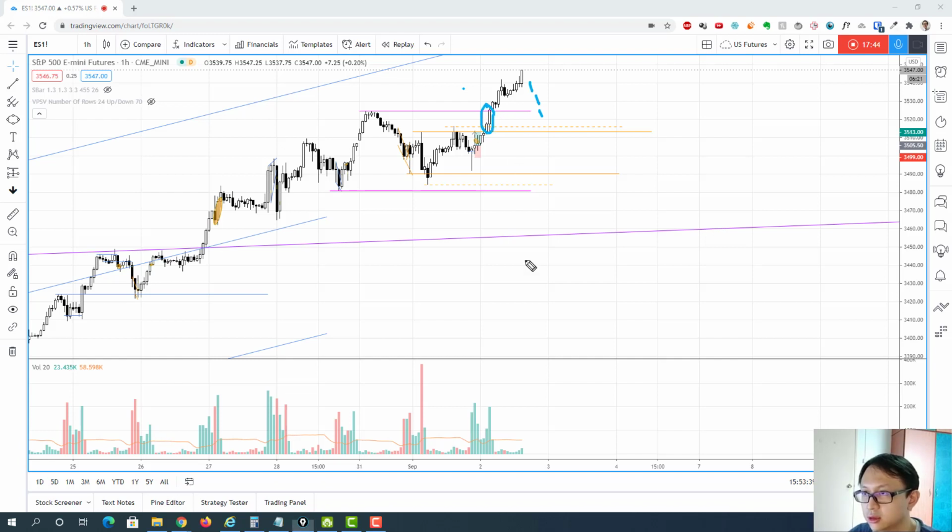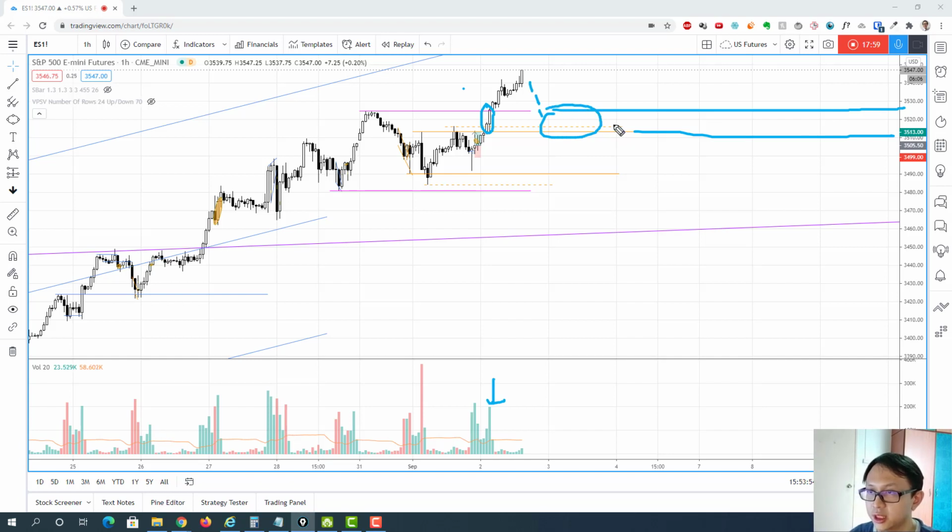So this is the last hour bar, about 3 a.m. my time. So the level is somewhere around 35.13 to maybe 35.25. So this is the zone that I'm looking to trade on reversal or rebound. So let's see what happens next.